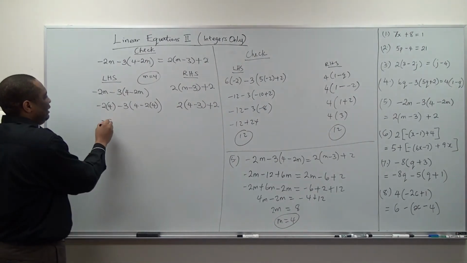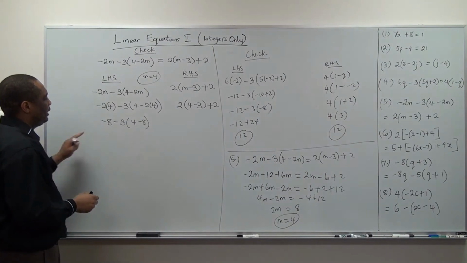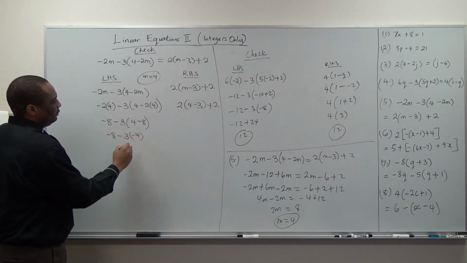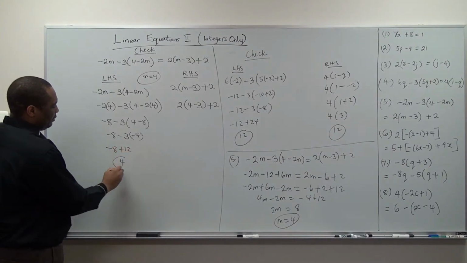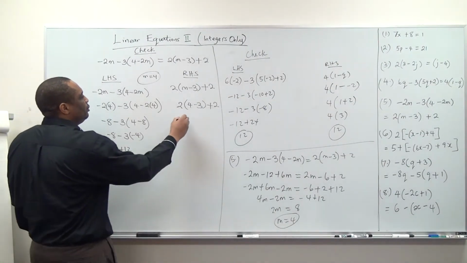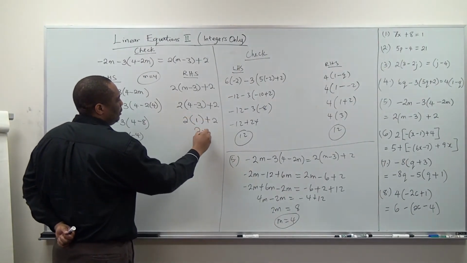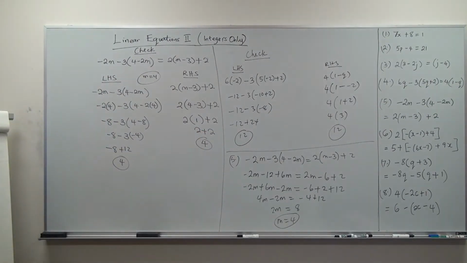Let's complete this. This is negative 8 minus 3 into 4 minus 8. Right? So this is negative 8 minus 3 into negative 4. So this is negative 8 plus 12, and that is 4. And this is 2 times 1 plus 2. 2 plus 2, which is 4. That is equation 5.